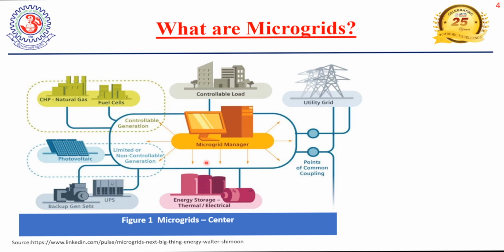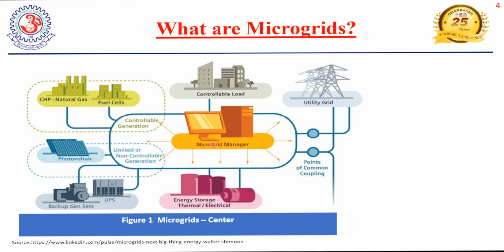That means generation with photovoltaics or natural fuel, power backup, utility grid, and controllable loads are all placed together. Such a system, where all the power system elements and equipment are present together at the same place, is known as a microgrid.